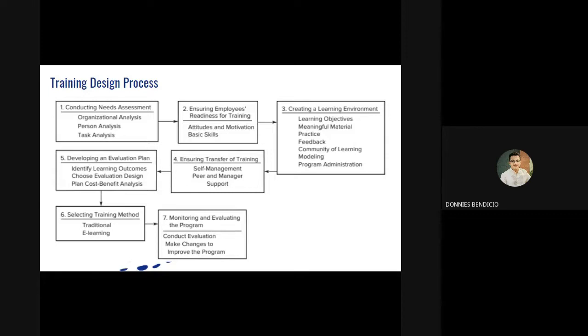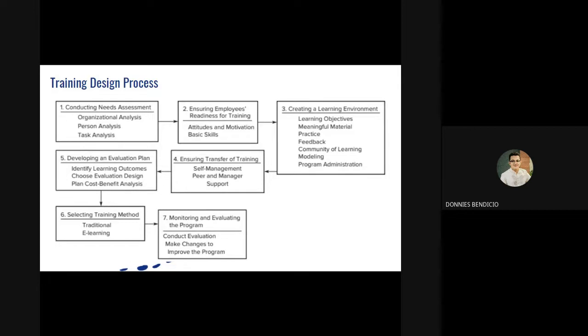Okay? Step number 4 is to ensure that trainees apply the training content to their job. So this step involves having the trainee understand how to manage skill improvement as well as getting coworker and manager support.